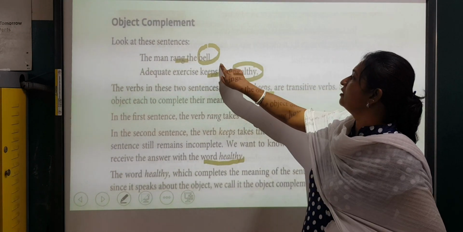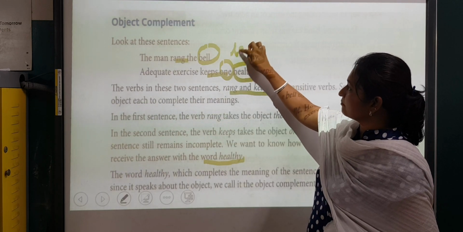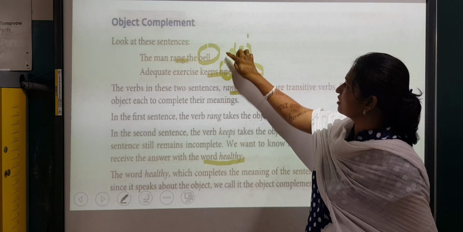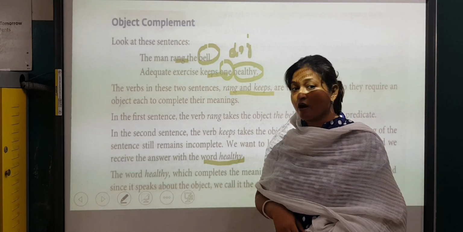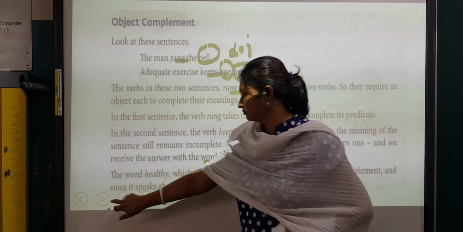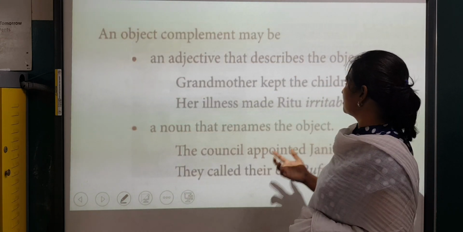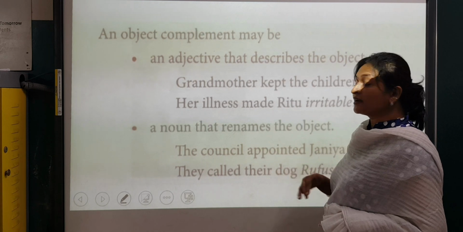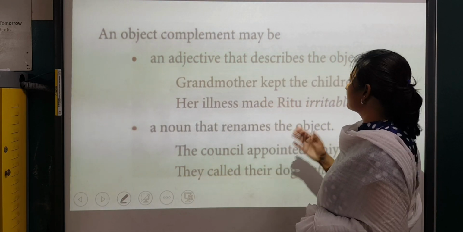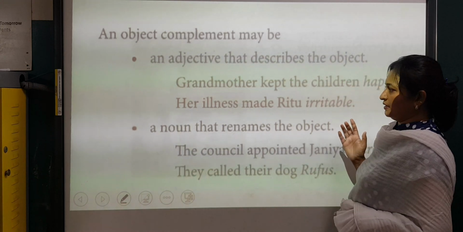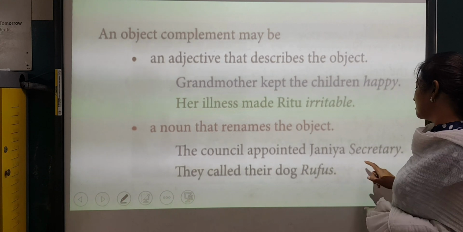Here this is the main object, and since it is incomplete without the proper meaning, we have taken healthy, which is a complement. An object complement can be an adjective that describes the object, or it can be a noun. Adjective, example: grandmother kept the children happy. And a noun example is: the council appointed Jania secretary.